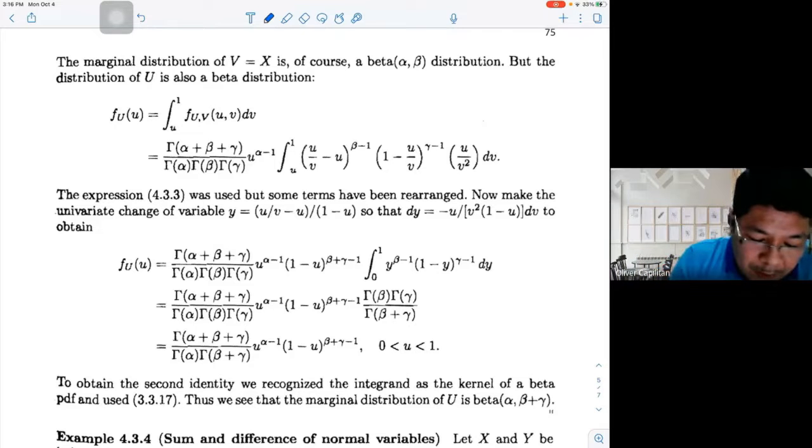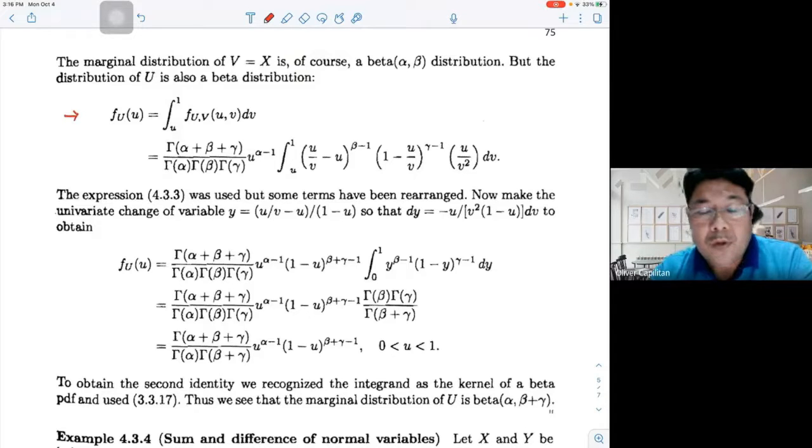From our definition, the marginal PDF of U is equal to the improper integral of our joint PDF of U and V with respect to V. Since V is greater than U but less than 1, the limits of integration will be from U to positive 1.